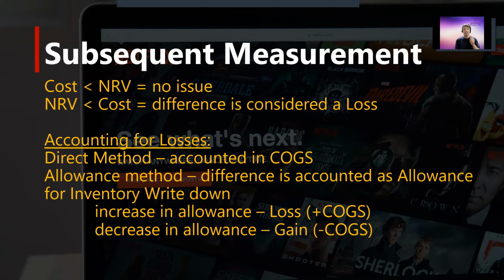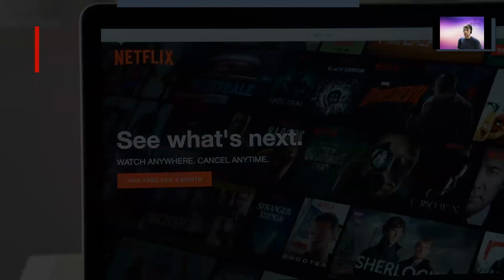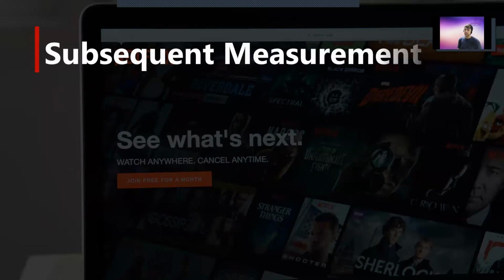The difference is accounted as allowance for inventory write down, no? So if it's an increase in allowance, we have to recognize a loss, so it's plus to your cost of goods sold. If it's a decrease in allowance, there's a gain, so minus to your cost of goods sold.